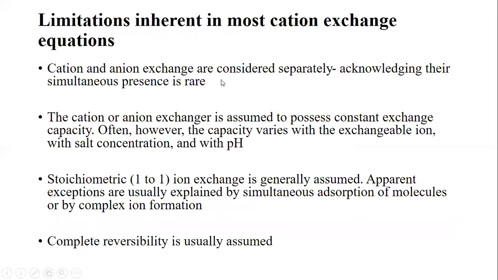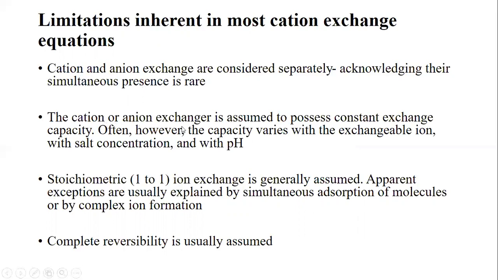Cation and anion exchange are considered separately, acknowledging their simultaneous presence is rare. So although we always talk about mostly cation exchange, and that's what's important in our soils in Jordan and most of the arid areas, there are also areas in the world where they have anion exchange, and we already talked about that earlier.